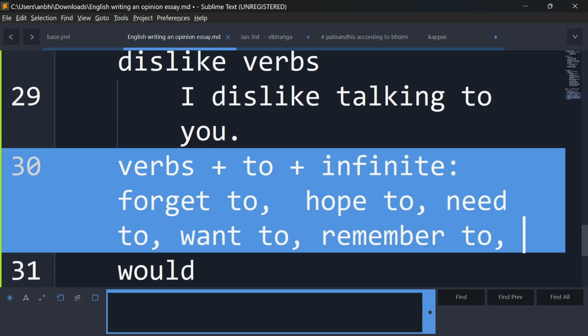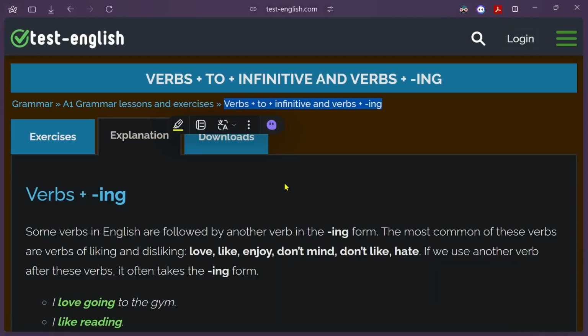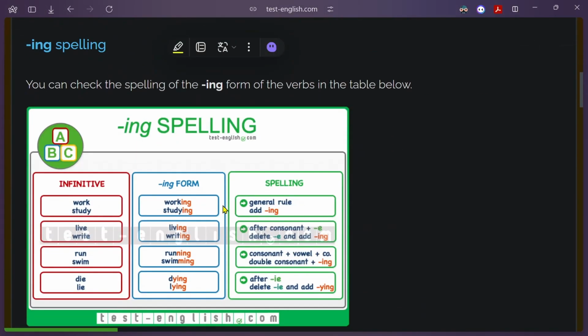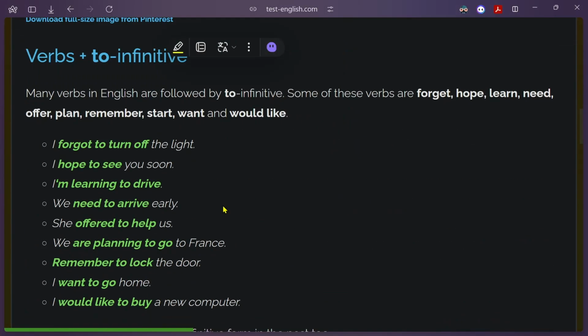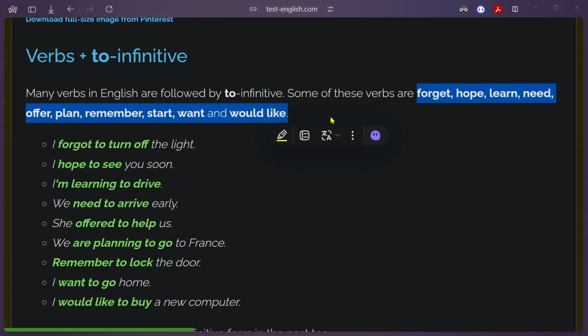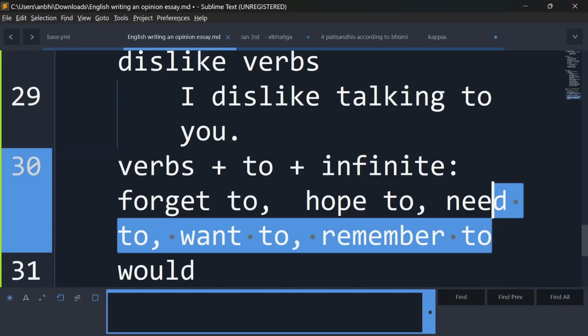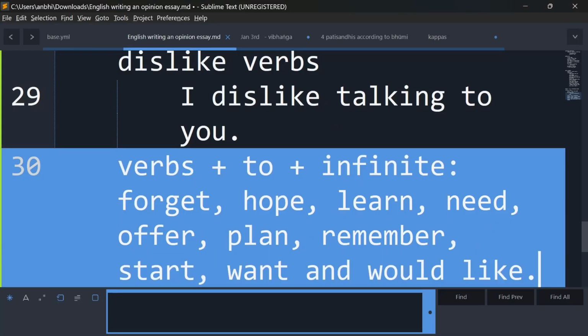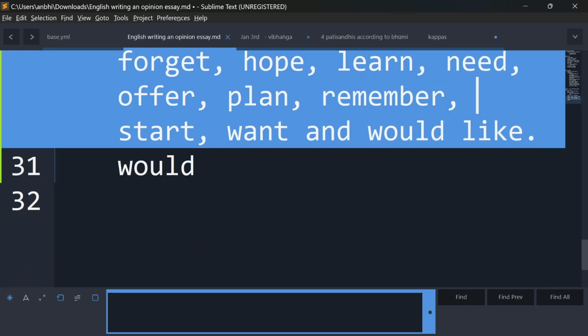Sometimes both are okay. This is as much as we could remember. Forget. Okay, I'll put this list over here.